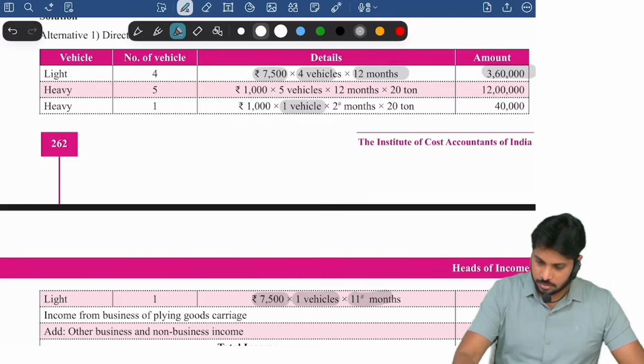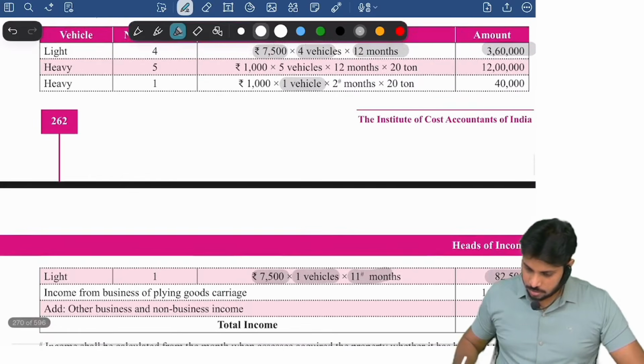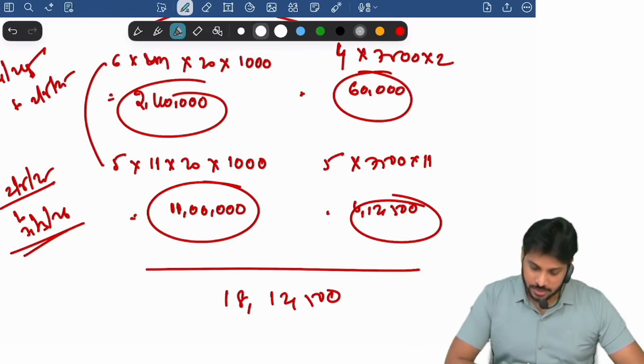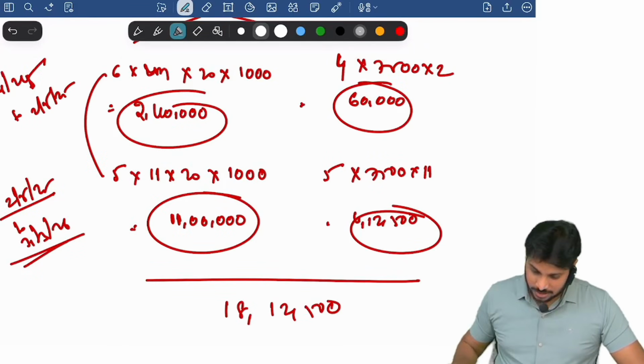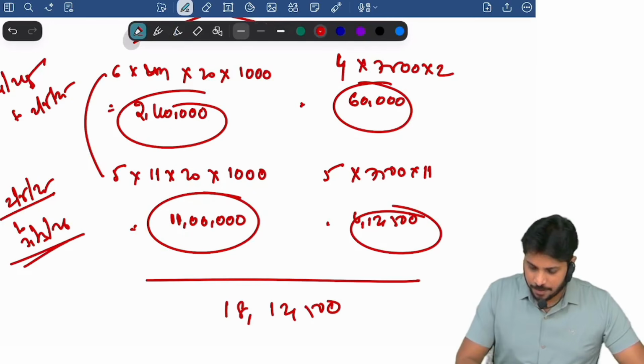Correct? Wait, that approach is correct. Wait.